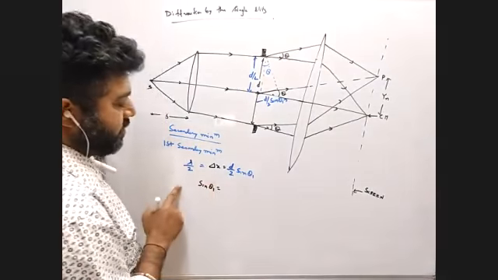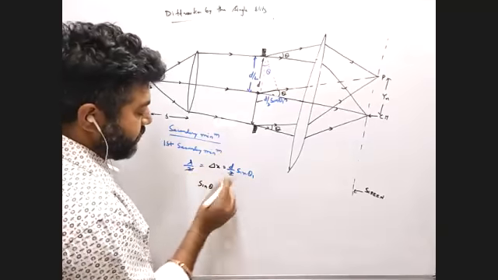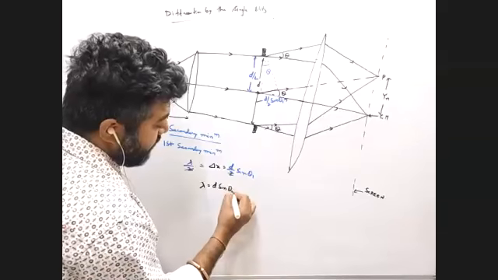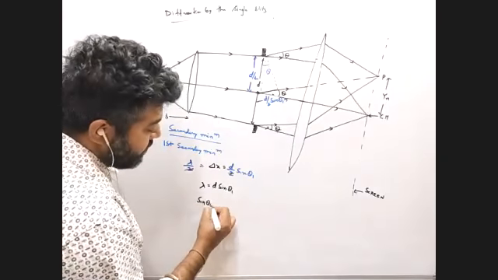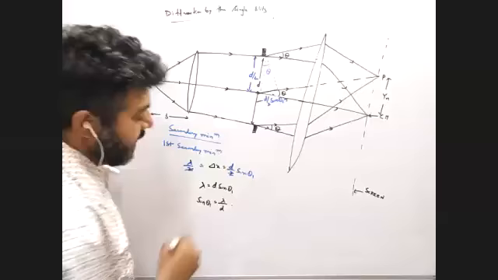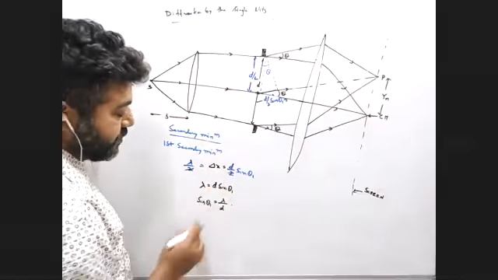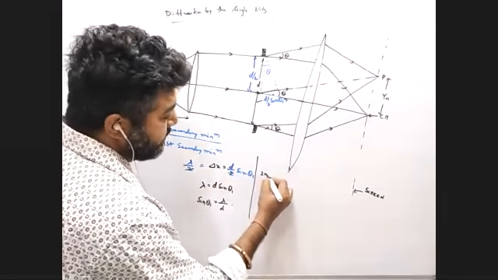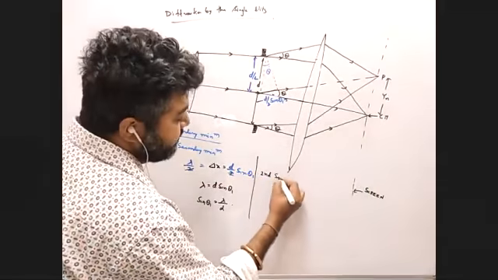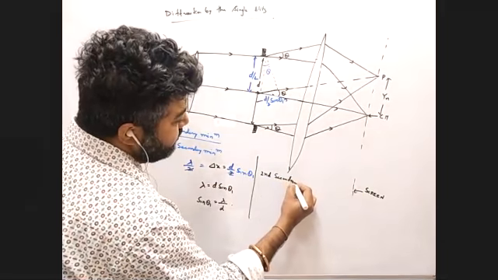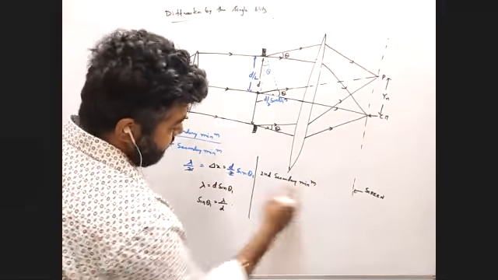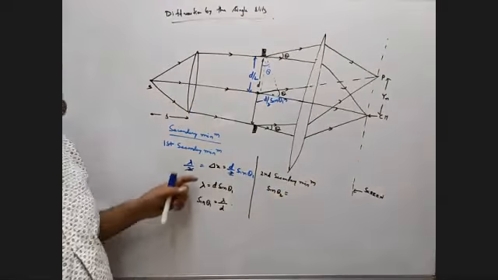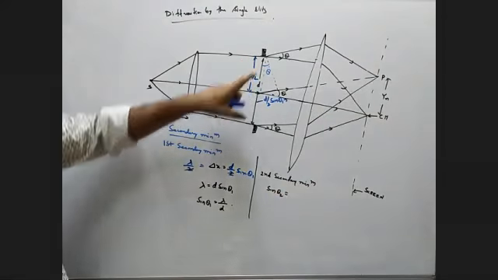So in sine theta 1, the 2 cancels. So lambda is d sine theta 1. So sine theta 1 is lambda by d for the first one. Similarly, for the second secondary minimum, sine theta 2 is 2 lambda by d. Generally, instead of d by 2, they give you d, so you use this.